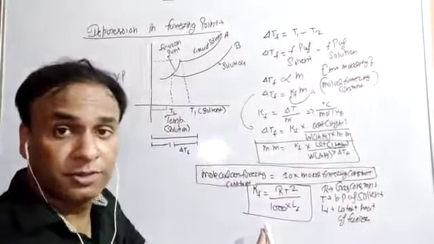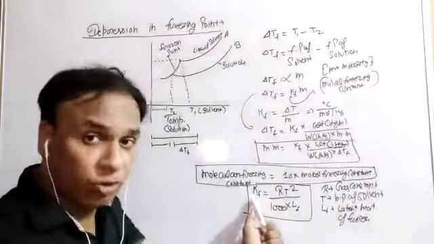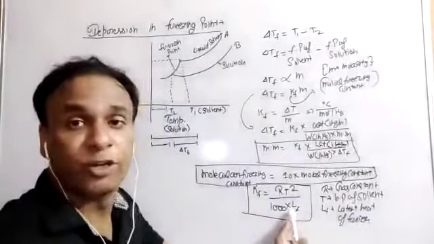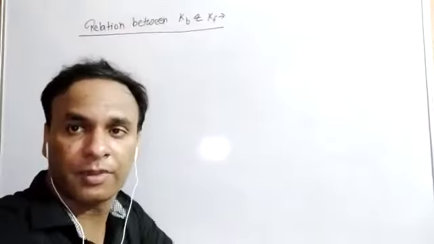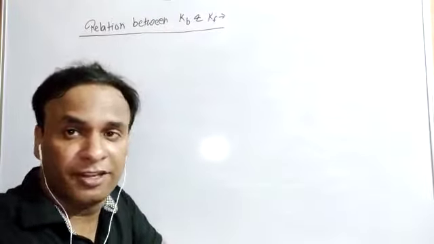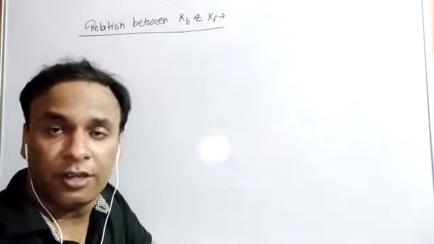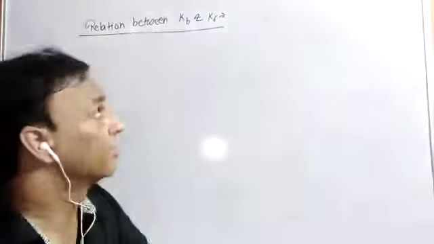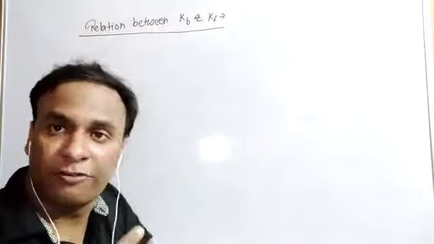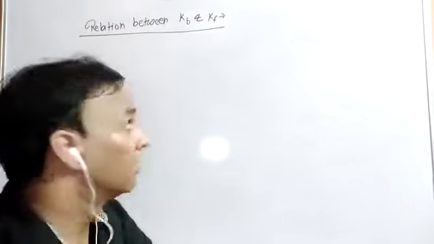We can use the relationship between Kf, the molal freezing constant, and the latent heat of fusion. Now the relationship between Kb and Kf. Kb is called the molal elevation constant. It is also known as the ebullioscopic constant, while Kf is called the molal freezing constant or cryoscopic constant. Clear?